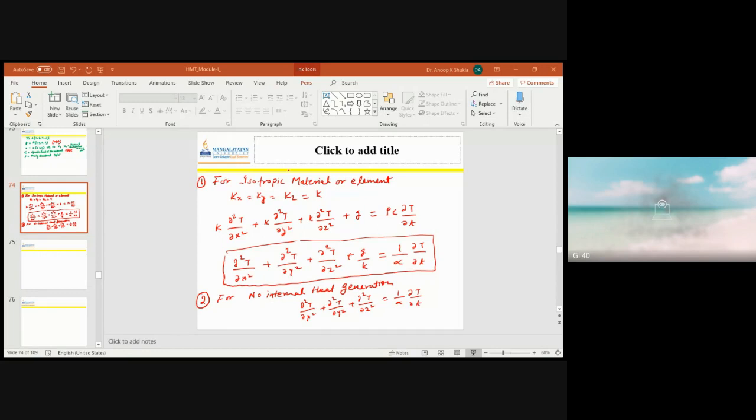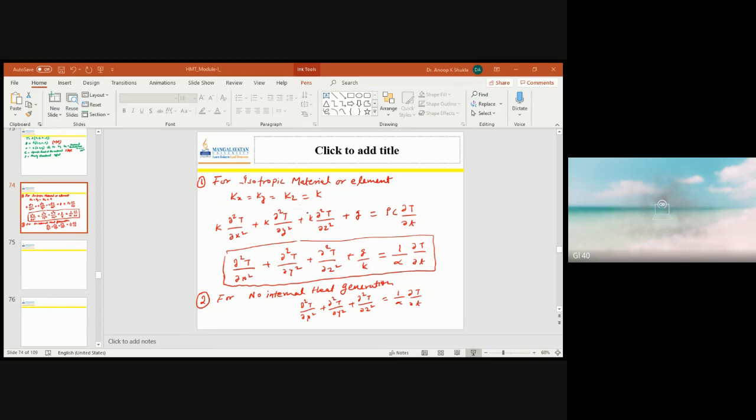So in the previous case, the right-hand side of the equation becomes 0, and you will simply get the condition ∂²T/∂x² + ∂²T/∂y² + ∂²T/∂z² + G/k = 0.